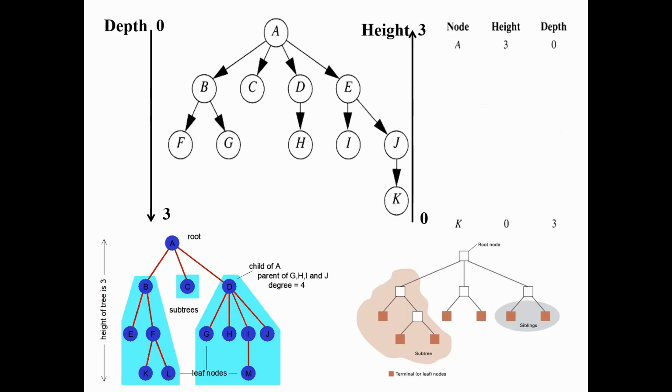Let me show you another example. Maybe this one. Let's see if this one is full. It's not full because at this level, this node doesn't have any children, and this one has only one, so it's not full, right? And these nodes also do not have any children.